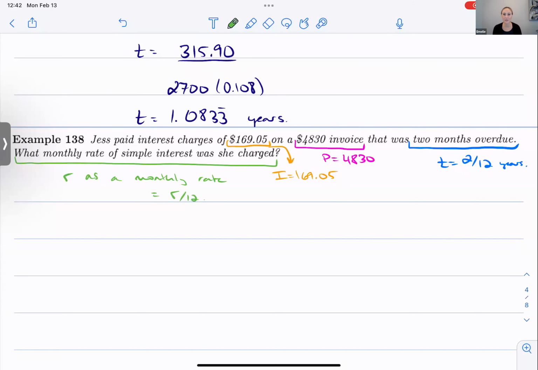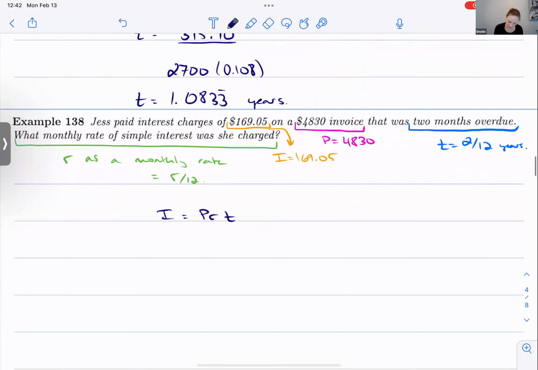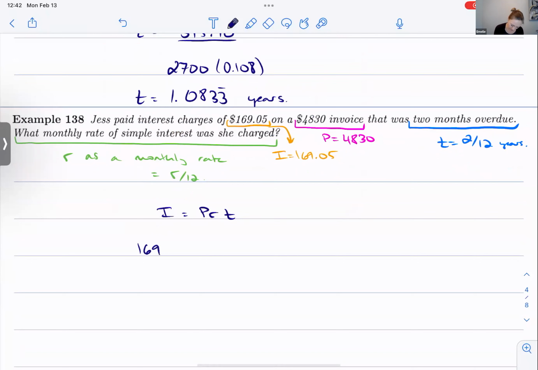We're just solving for R first and then dividing it by 12. And so let's start out here. I've got I equals PRT. I was 169.05 and P was 4830 times R, which we want to solve for, times T, which was 2 over 12. I'm going to use that fraction, but of course I'm going to use a calculator, so it doesn't really matter.